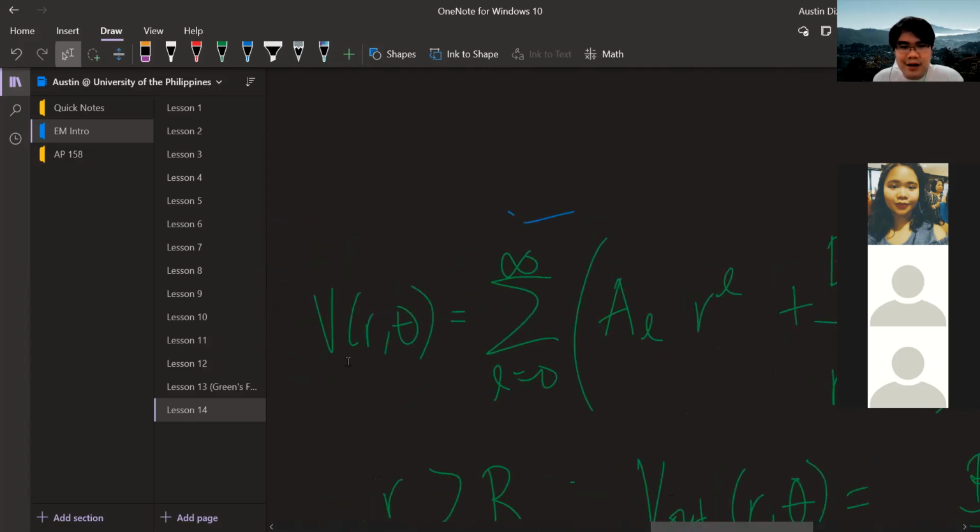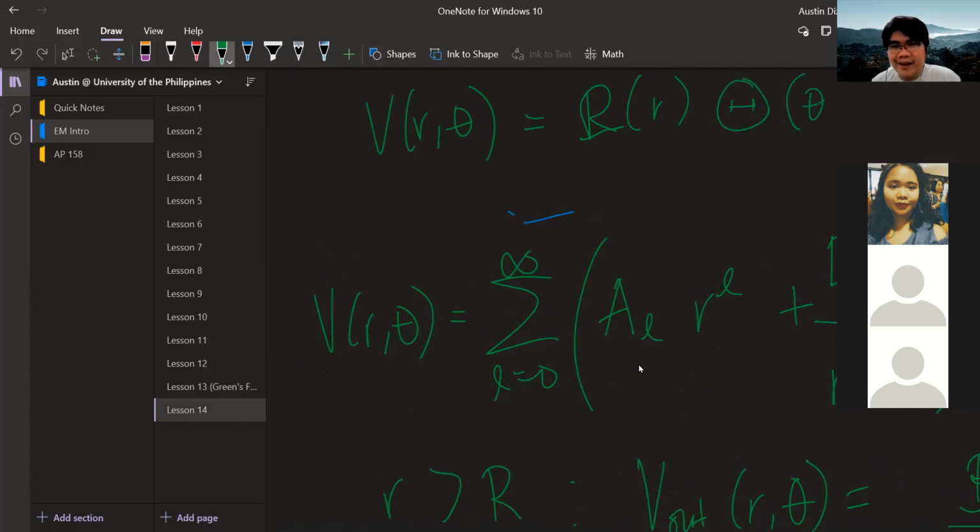Now, hindi ko na kailangan gawin ulit yung proseso na maglalagay ka ng V, R theta, Laplace equation, etc., etc. Sulat mo pa siya as some function of R, theta, capital ng theta.